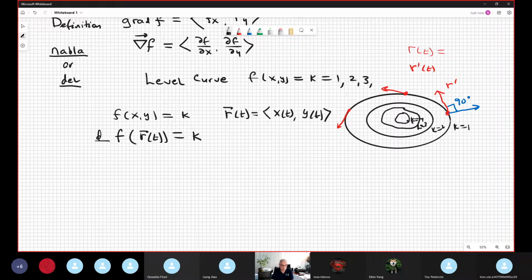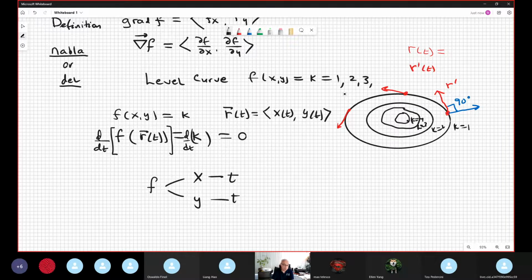If you differentiate both sides with respect to t, where t is a parameter, not time, here it's obvious that this is 0. However, here I am lost. It's a function that depends on x and y, and x and y depend on t. This is the chain rule. I know the formula very well.